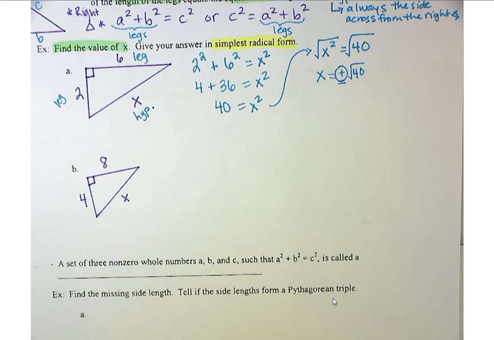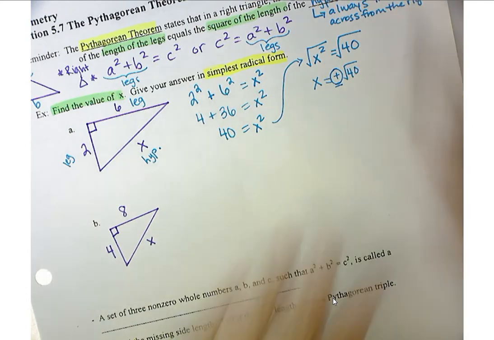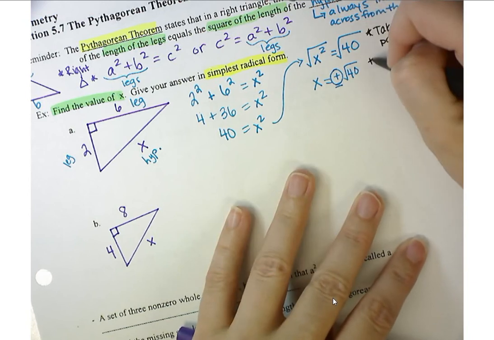Because 4 is a perfect square. So what you're looking for inside the radical is perfect squares. Okay. So you're going to take the square root. I'm just writing the steps down so when you look back you can see it. Okay, so it'll be positive. And then you're going to look for perfect squares.